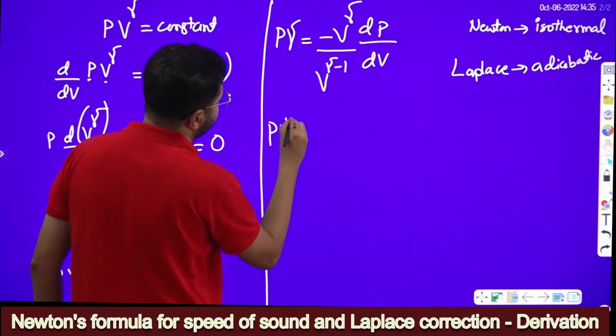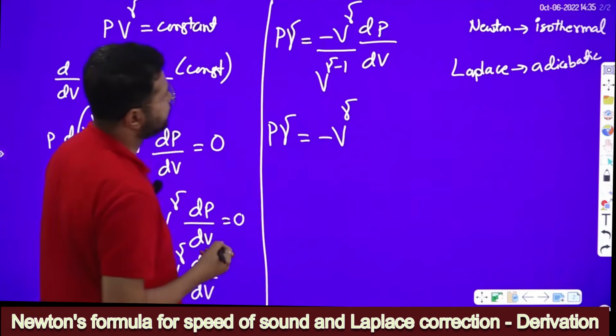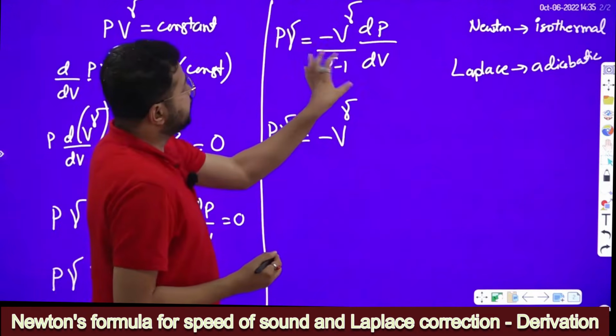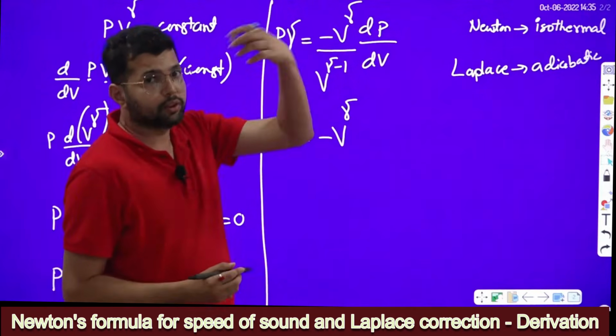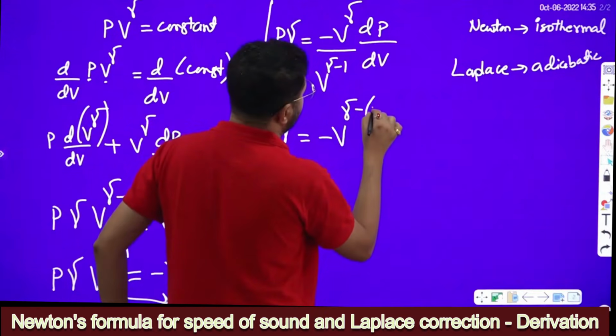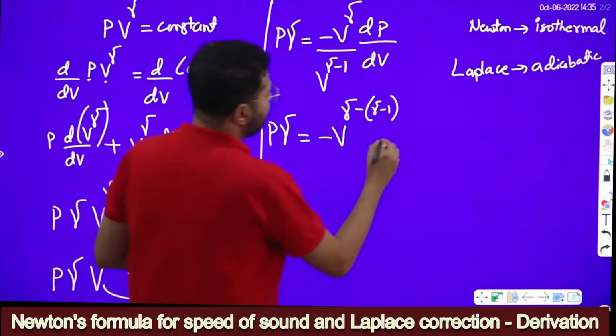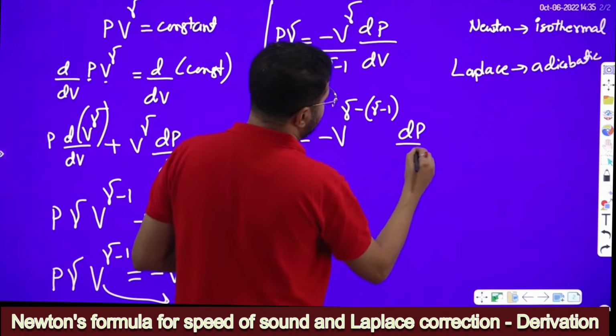P gamma is equal to minus v power gamma. This v power gamma minus 1, when it goes up, it becomes minus gamma minus 1. So, when the power goes up, it becomes minus into dp by dv.